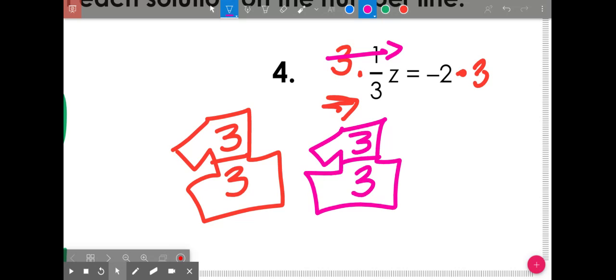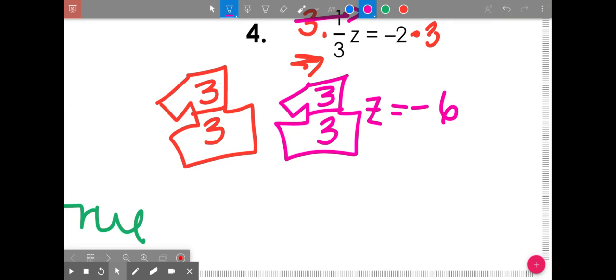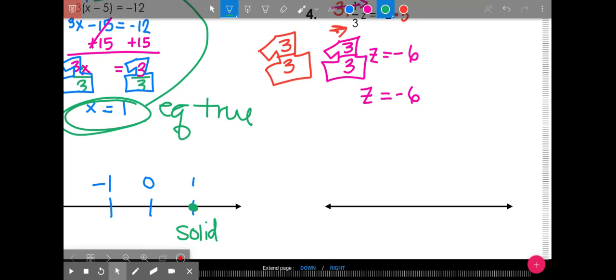So we have 1 times z equals negative 6. 1 times z is just z, so I see that z is negative 6. So when I graph this, I'll show you where 0 is. Here's positive 6, and negative 6 is to the left of 0. And I will use a solid dot on negative 6.